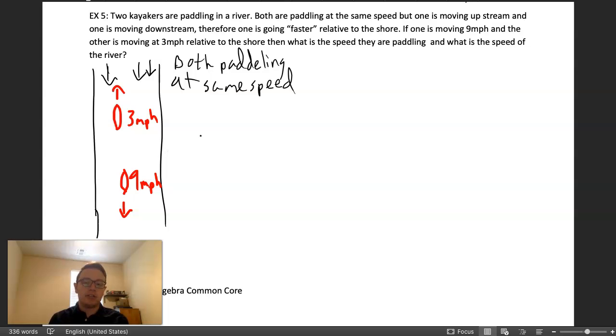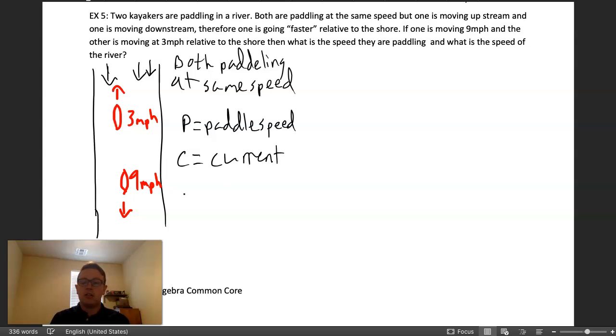So how are we going to approach this? Well, we don't know the speed that they're paddling, nor do we know the speed of the river. Let's make those our variables. So we'll call P our paddle speed. And we'll call C our current speed. But what do we know?